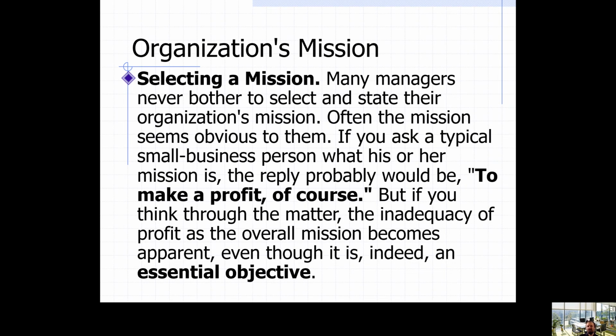So it doesn't work like this. Okay, I want to be profitable. What do I have to do? No. It's completely wrong. You have to understand what is the need to be satisfied by your company.